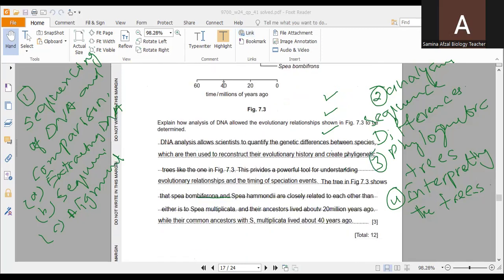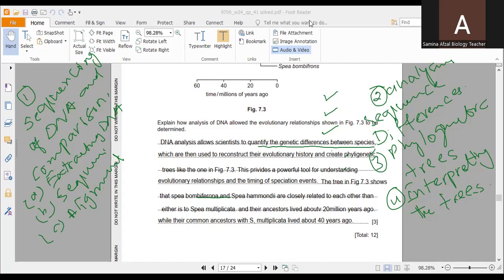The answer which I have written, you can see over here. DNA analysis allows scientists to quantify the genetic differences between species. That is, by adopting these four different steps, they are able to quantify the genetic differences between species. Species whose DNA sequences resemble one another closely will be closely related.